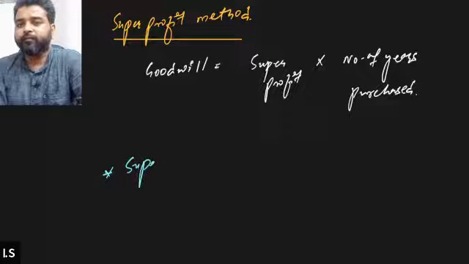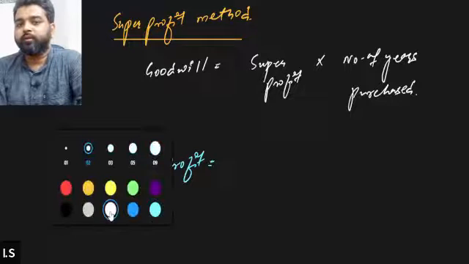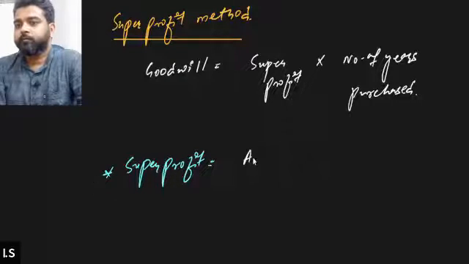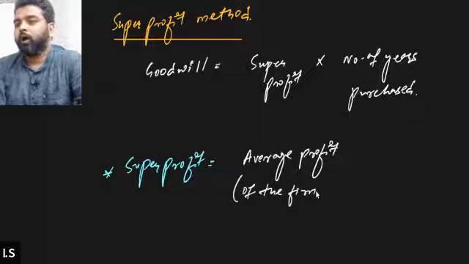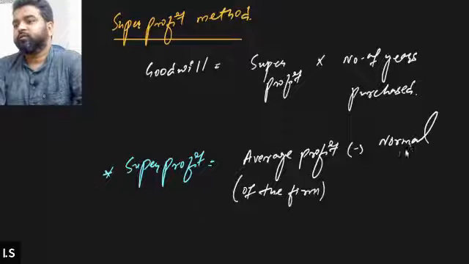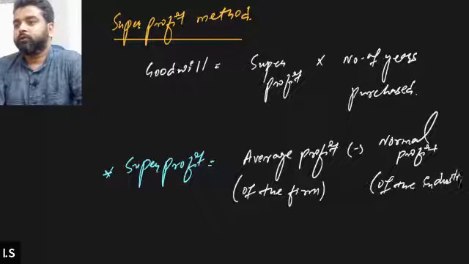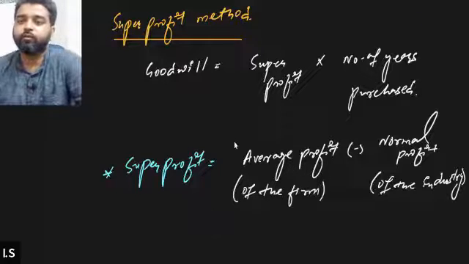For finding out the super profit of a firm, we will take the average profit of the firm, and out of the average profit of the firm, we will subtract the normal profit of the industry. All right, so this is the formula for finding out the super profit.